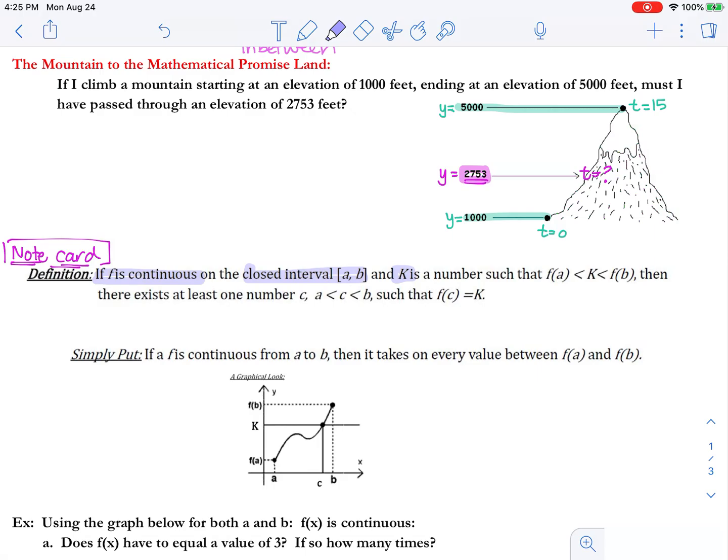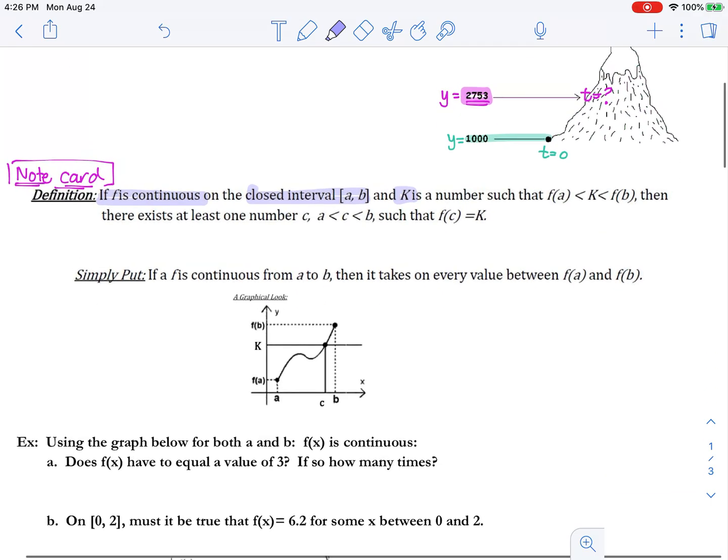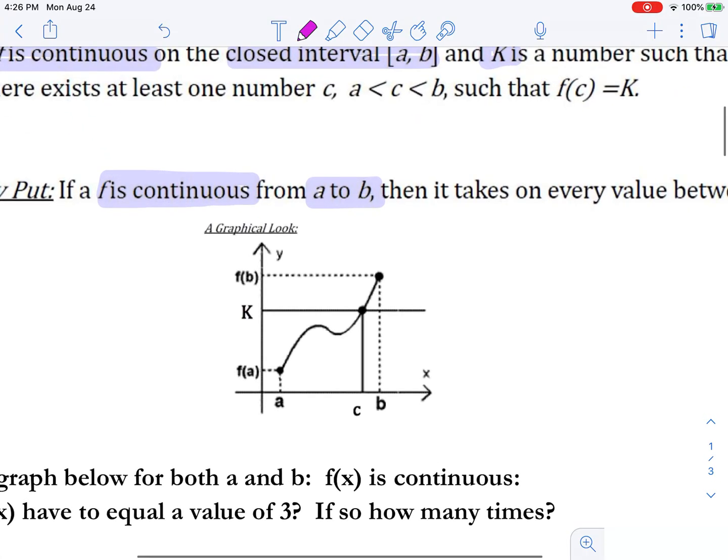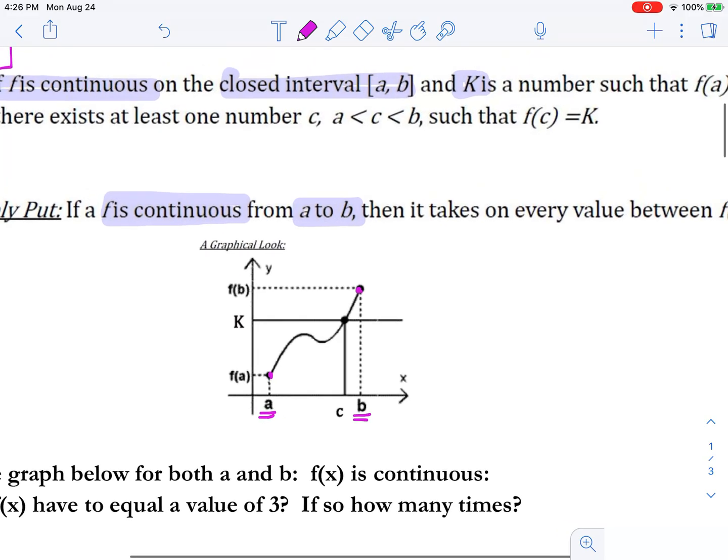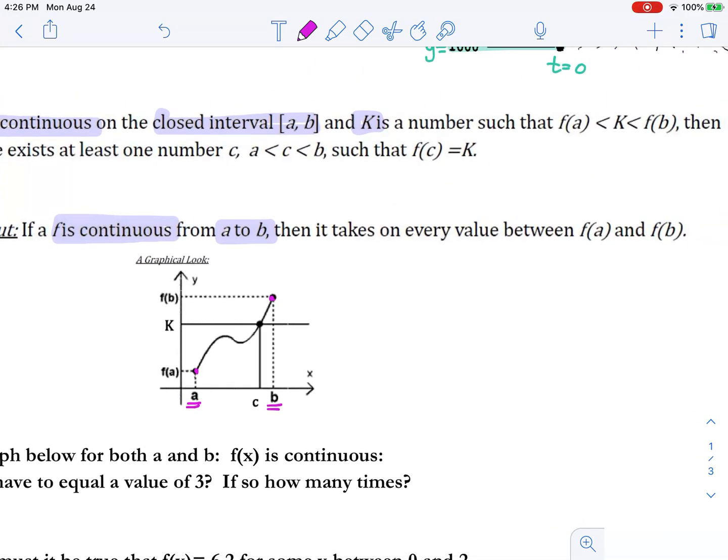Now, what exactly does that mean? It's saying that there is some y value that will equal k at some point. So simply put, if our function is continuous from a to b, you see here, our function is continuous from a to b, then it takes on every value between f of a and f of b.